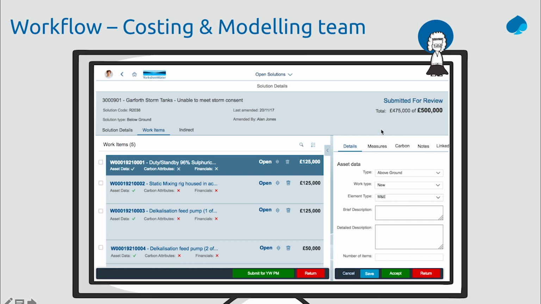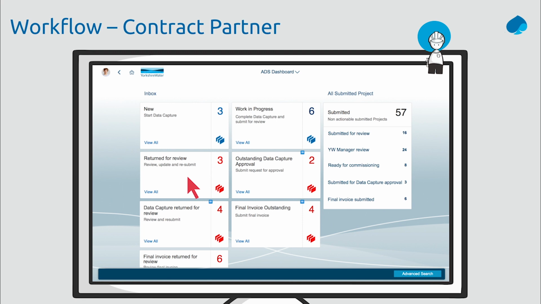At each one of these internal areas, so details, measures, carbon, they can accept and return at that stage as well. On accepting the details and measures, that would tick the asset data, for example. On returning, that would cross out the asset data, and obviously it would go back to the contract partner, and that would look something like this. So the contract partner would have a returned work item.